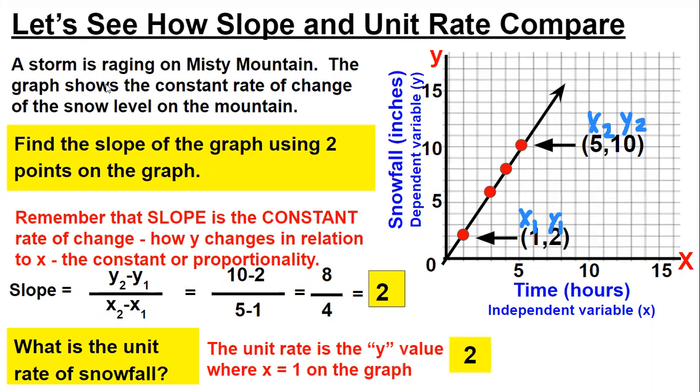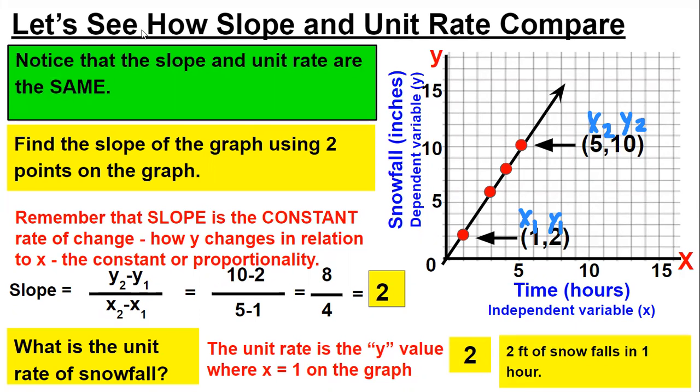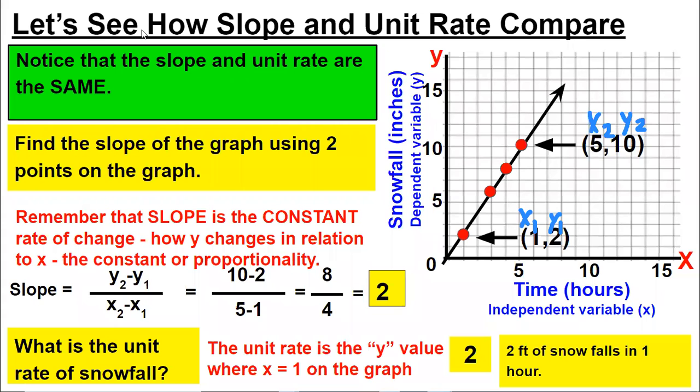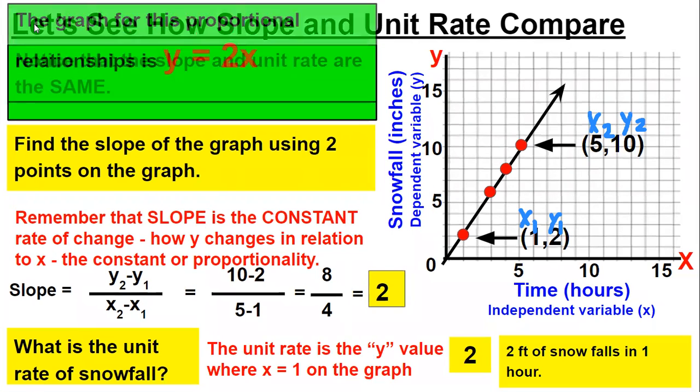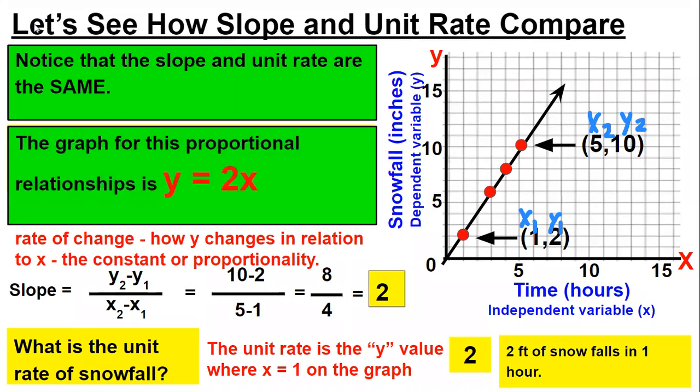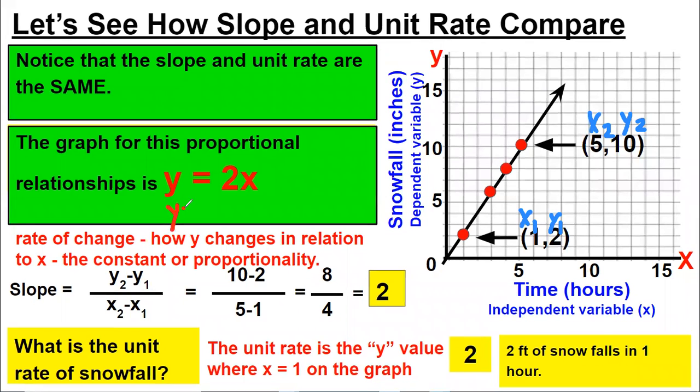The unit rate and the slope are the same thing. 2 feet of snow falls in 1 hour. That is the unit rate. Notice that the slope and unit rate are the same, exactly. And the graph for this proportional relationship is y equals 2x. Why is that? Because we use our famous y equals mx.